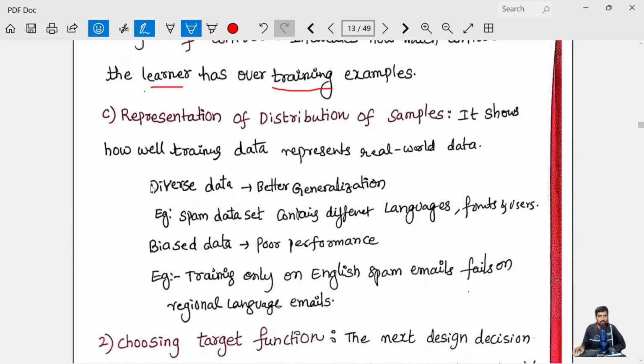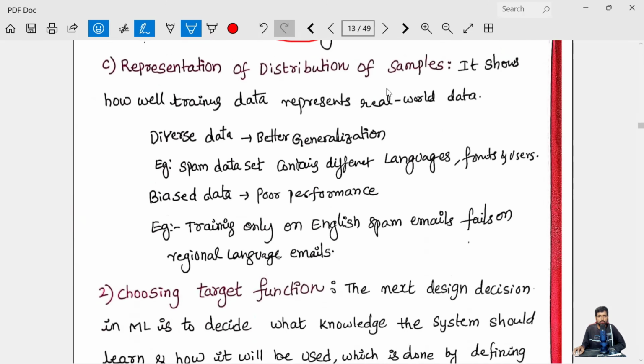The third one is the representation of distribution of samples. It shows how well training data represents real world data. So it is a key point. The examples are diverse data and biased data. When you have diverse data, we get better generalization. But when we have biased data, we get poor performance.